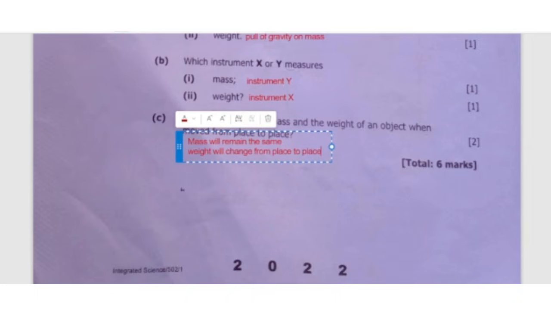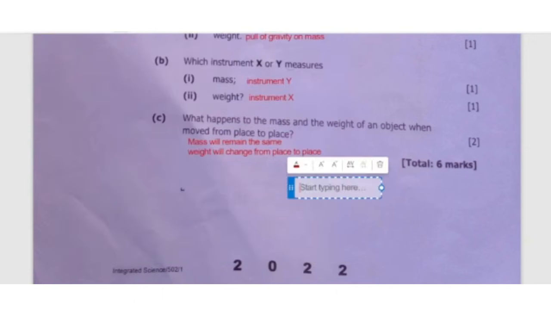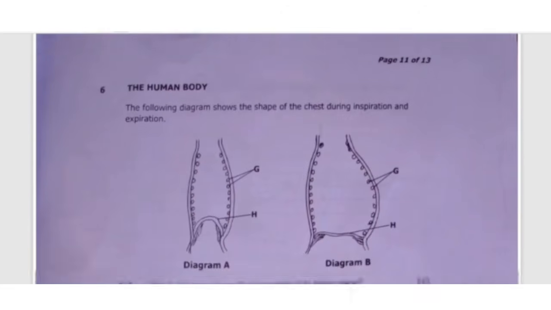So that's what will happen. Okay, so we are saying mass will remain the same if you move from place to place, but weight will change from place to place. So this means that if you go to the moon, the weight will not be the same as it was on the earth. Okay, so the weight will change but mass will remain the same.